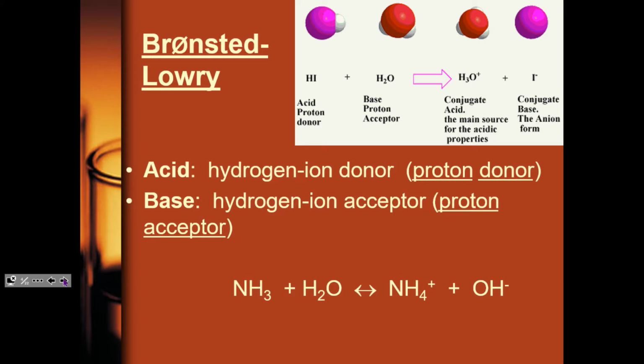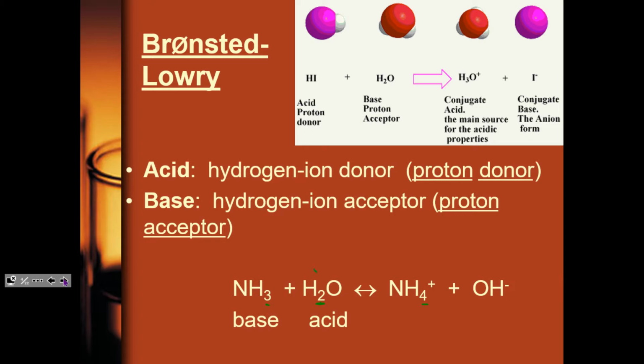So if we're looking at this example with ammonia and water, we're going to produce NH4 plus and OH minus. And what we want to know is what happened to the hydrogens. So if I look at NH3, there are 3 hydrogens, and NH3 turned into NH4. And you'll notice that water went from H2O, and now it has 1 less.